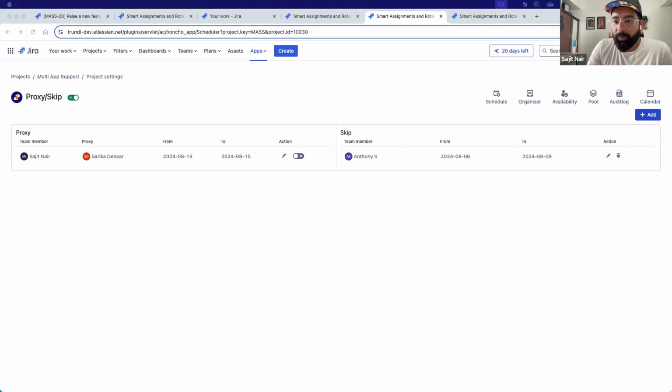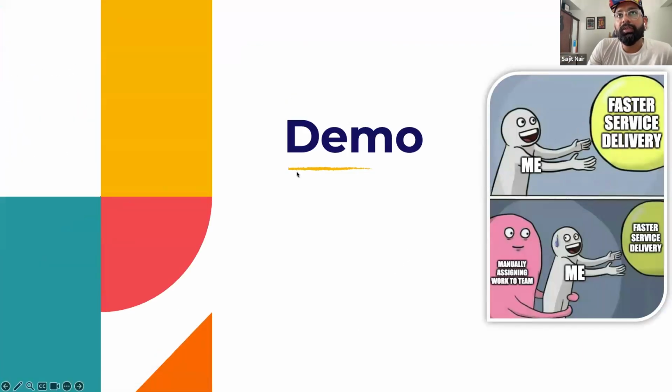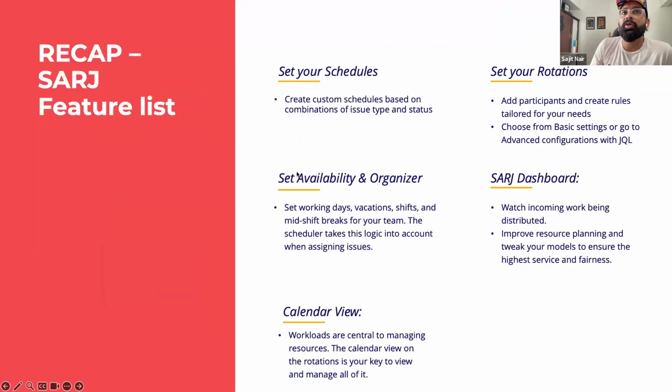In the interest of time, please keep the questions coming, guys. This is great. Let me just go back, because there are a couple more things to showcase before we go on. This is what we talked about today: how you can set your schedules, set up your rotations, and set your availability and organizer, and look at everything in your Sarge dashboard, with a calendar view for managing resources and your work.